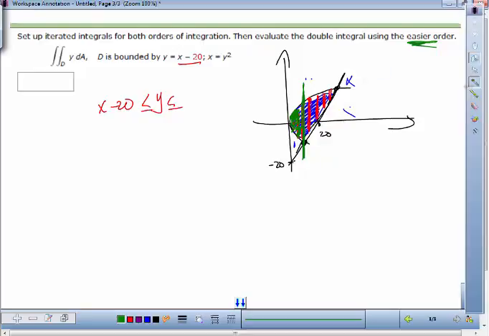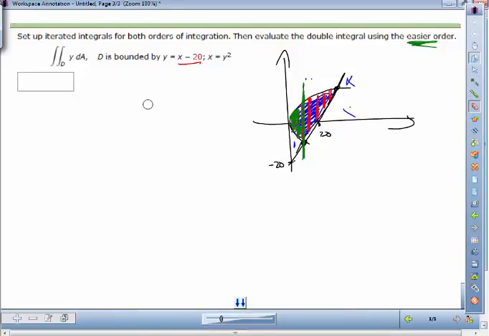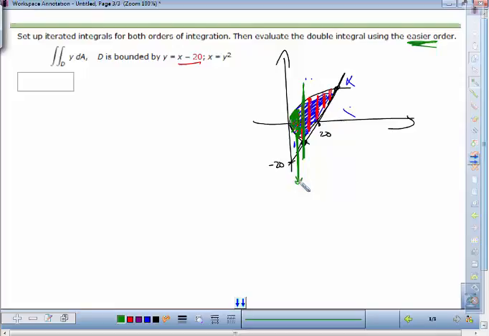So let's redo this, and let's identify this as two different regions. So for this region over here, if we're going to make our slices vertical like this, we would need to identify y equals limits.